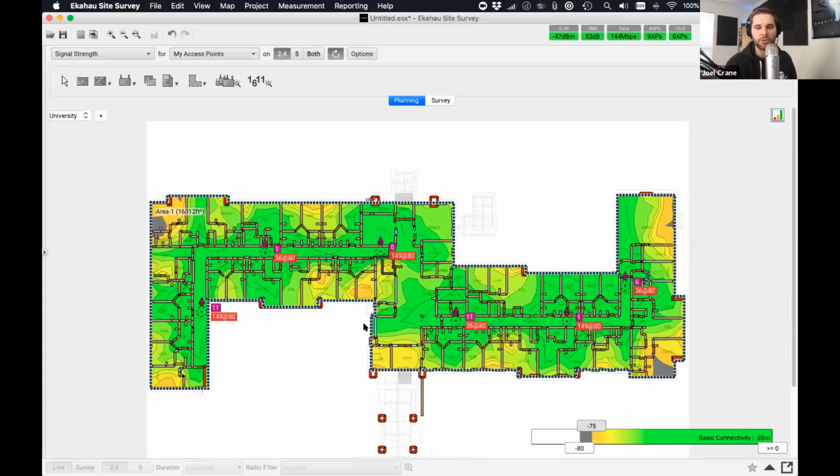Say we're doing a warehouse, and the applications we're supporting are just barcode scanners. They're pretty fault tolerant. They just need to transmit a barcode every now and then. No big deal. We don't necessarily need rockin' good signal strength everywhere for those barcode scanners to work well.